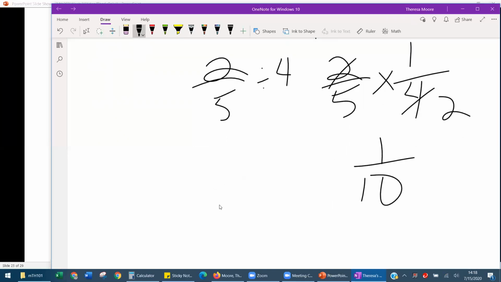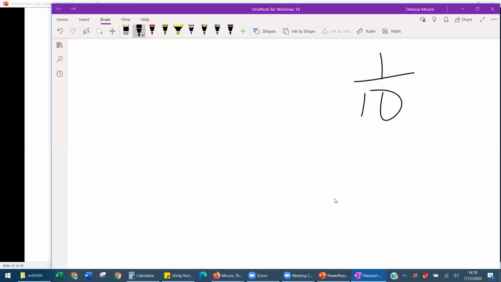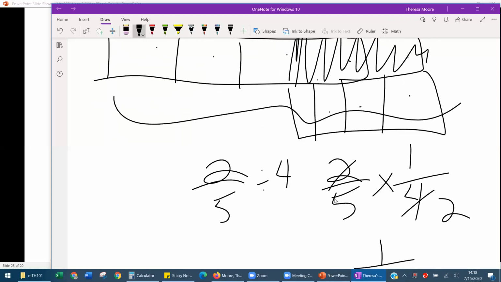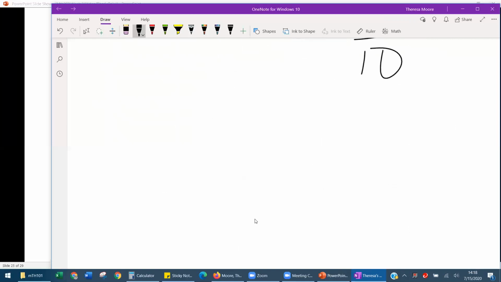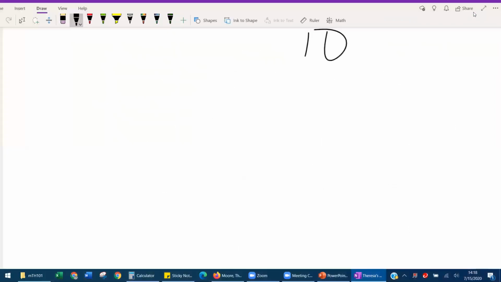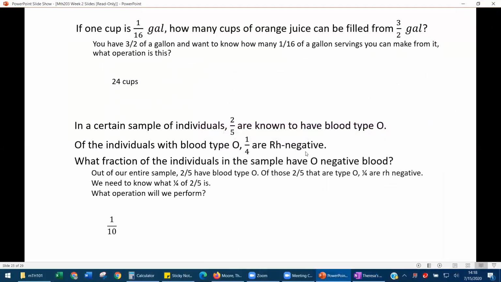Okay, so even though it's division, when you take a fractional amount of something, you're multiplying, because you're going to divide it, but then you're taking some of it. So anytime you see the word of, you should think multiplication. 2/5 of something or a fourth of something, we're going to multiply.